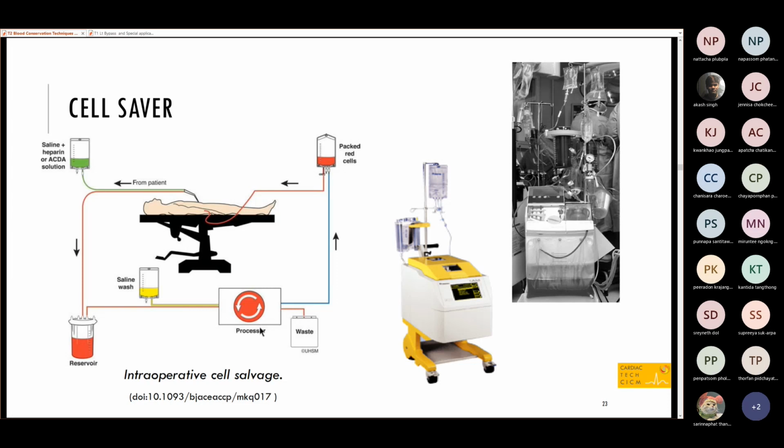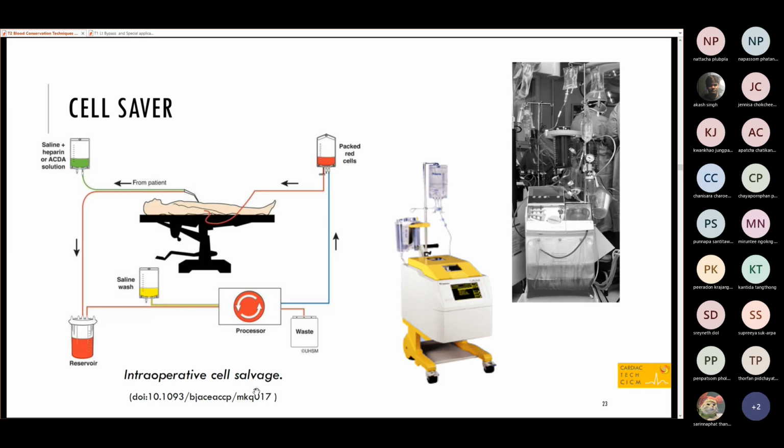So it separates the layer of red blood cells at the bottom part, and at the top of this cone there is the saline and the waste product. The waste product is let out to another bag.